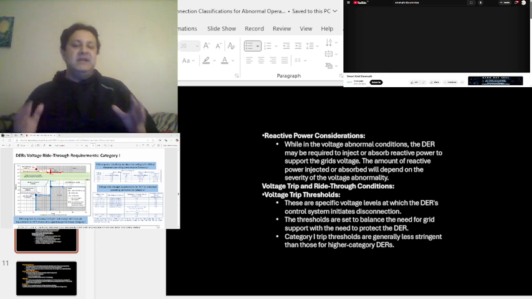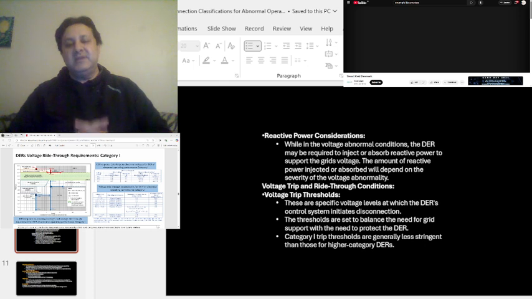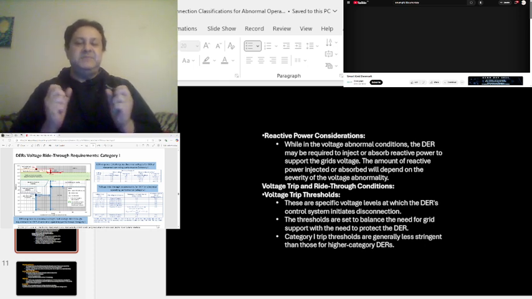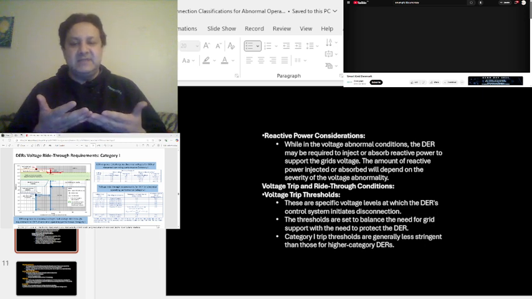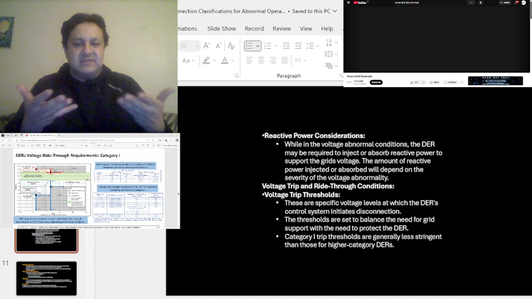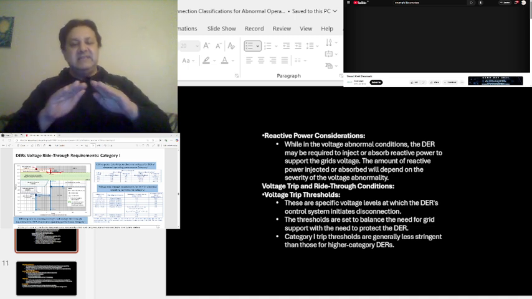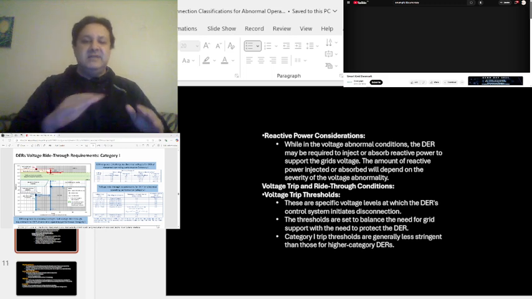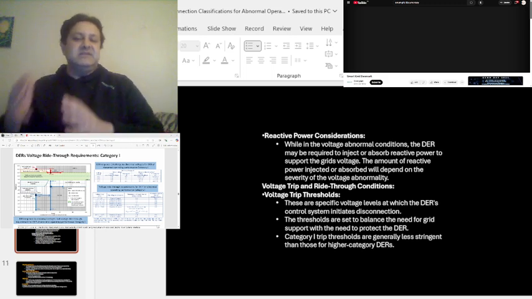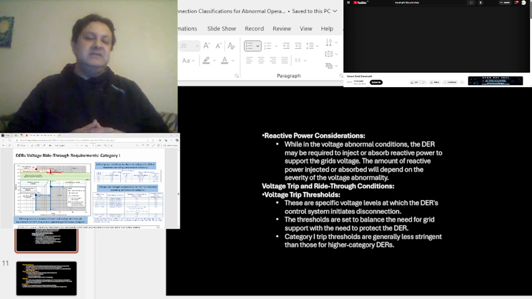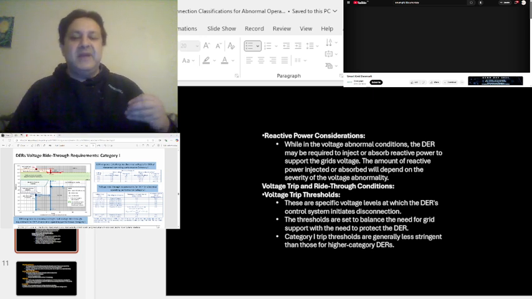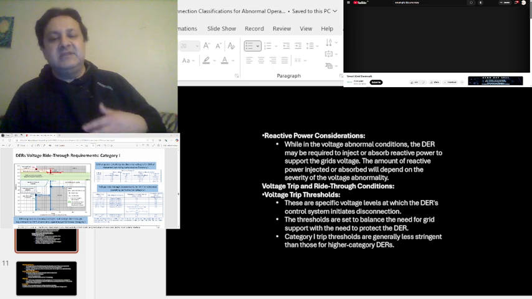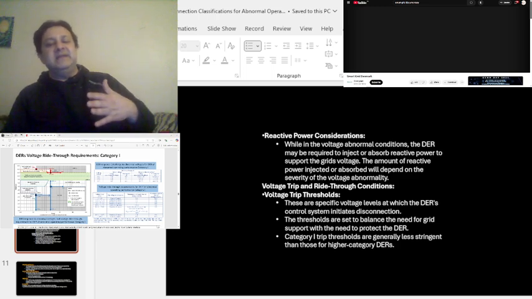Now, the voltage trip and ride-through conditions. Voltage trip thresholds we have to talk about. These are specific voltage levels at which the DER control system initiates disconnection. There is a threshold, and when it is reached, the DER control system initiates the disconnection. The thresholds are set to balance the need for grid support with the need to protect the DER.